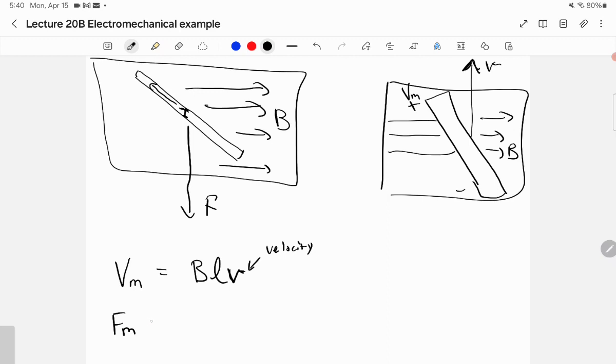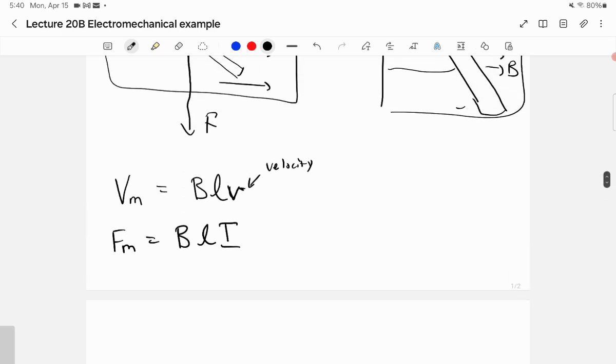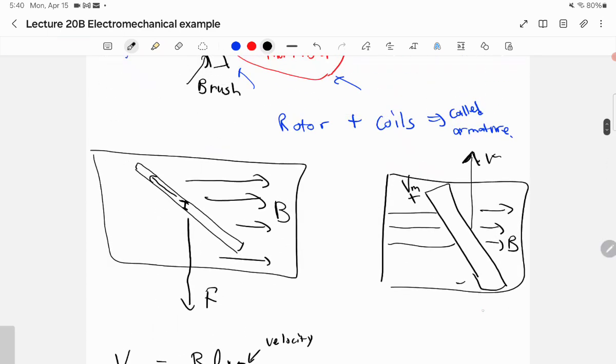Here are a few facts that we'll have, and these come from standard physics. The potential here is going to be B L times the velocity, where L is the length of this conductor.